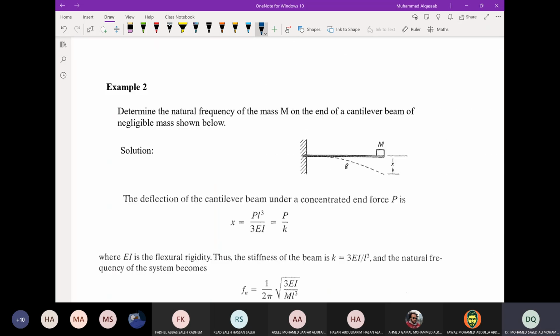Okay, determine, this is example 2, determine the natural frequency of the mass M on the end of a cantilever beam of negligible mass, shown below. So the beam is elastic, so it has a modulus of elasticity.